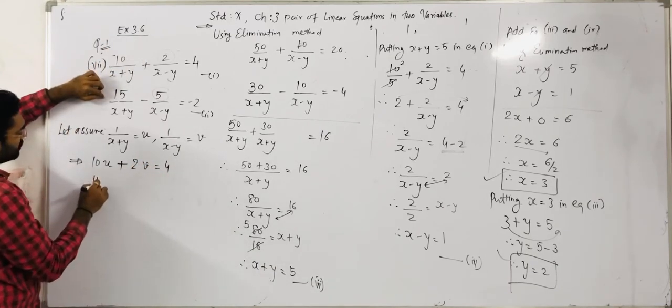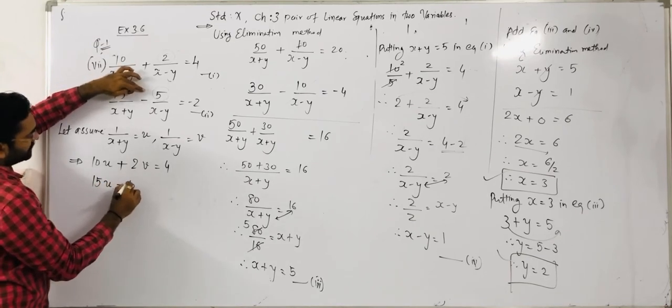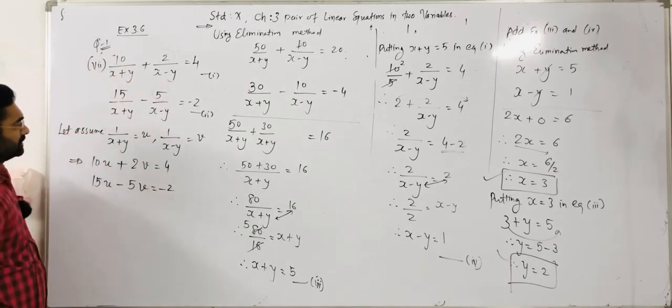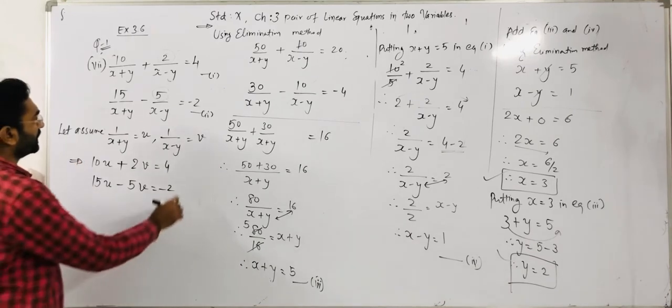In the same way, the other equation is 15u minus 5v is equal to minus 2. You get those two equations.